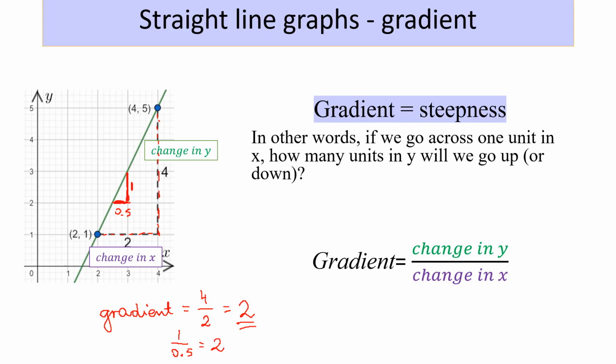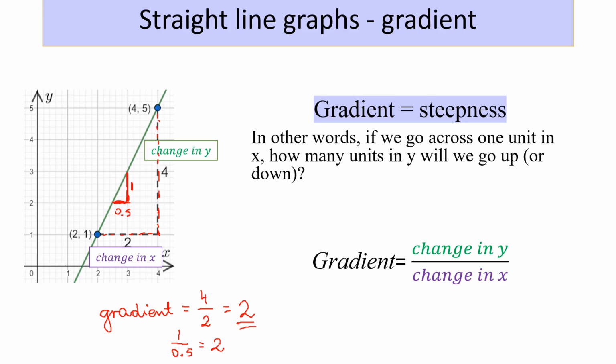So I still get the same answer. It doesn't really matter how big or how small the triangle is, the gradient must be the same. Sometimes it's just easier to draw a bigger or a smaller one depending on where your line goes. You probably want your triangle to be where the line goes through little corners in your graph, or where you can clearly read the points and the values.